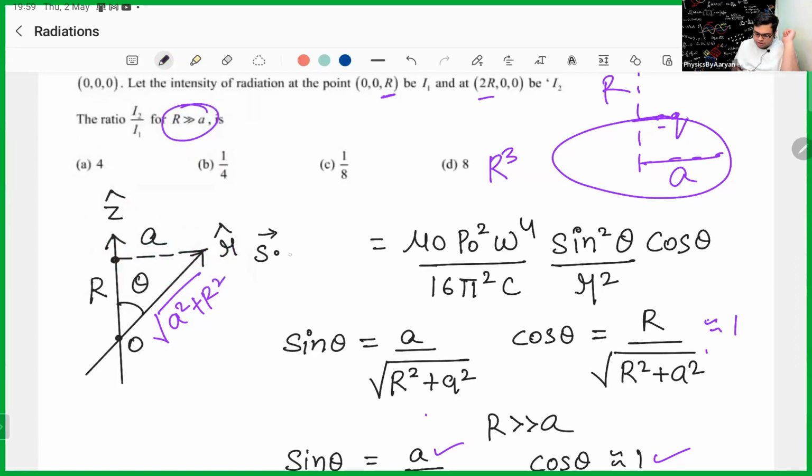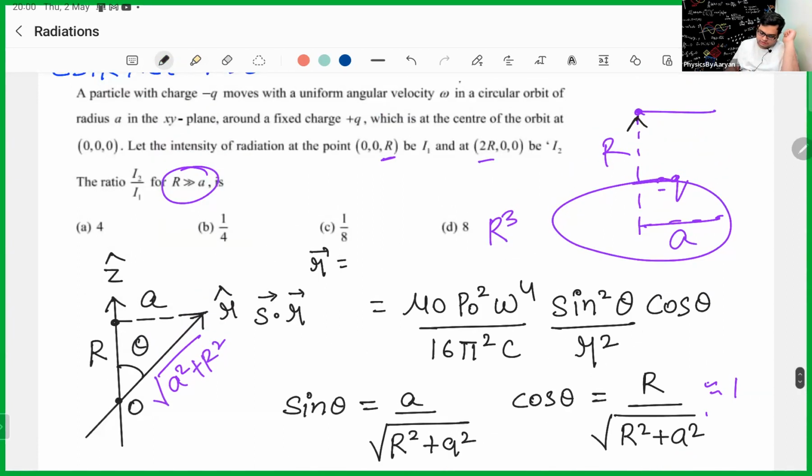Basically, it is S dot the R vector. And what is your R vector? Your R vector is capital R into j cap. So this thing will be R times S dot j cap. So there should be one R here as well. You want to know, but won't this change the units of that?